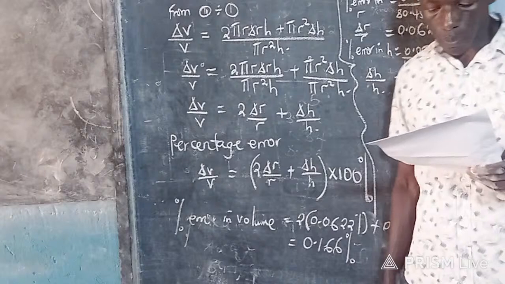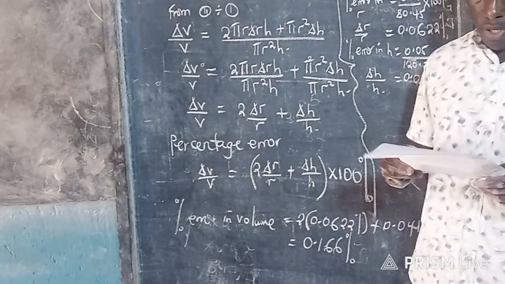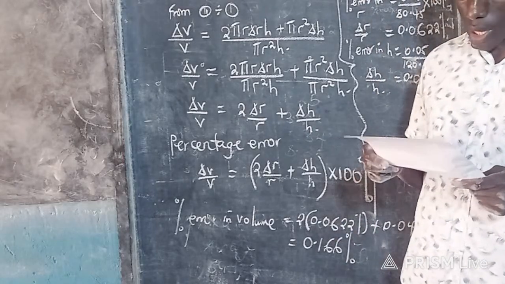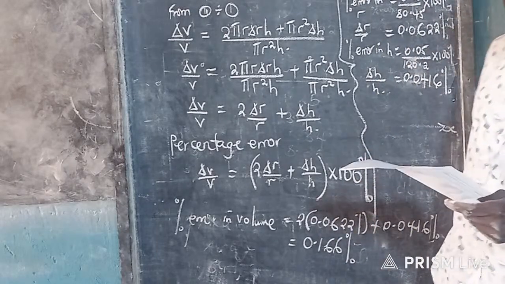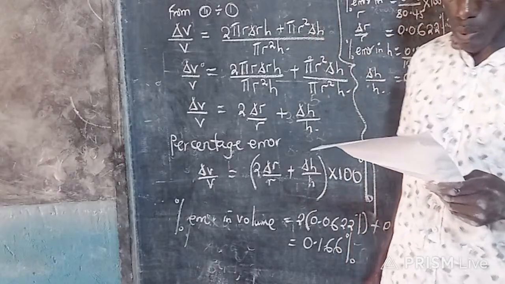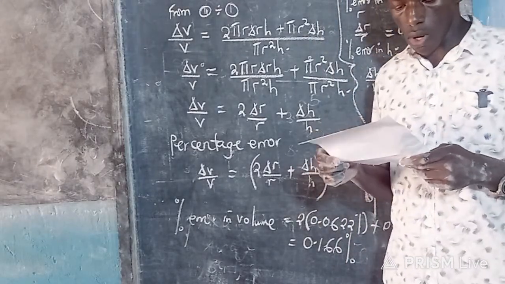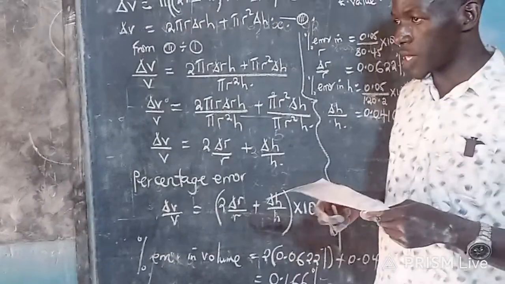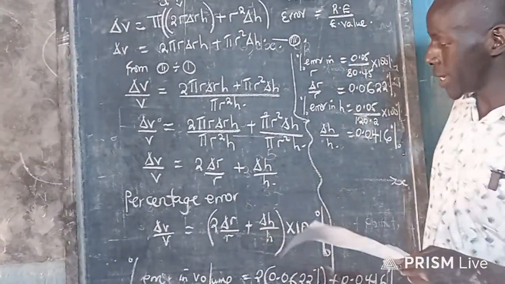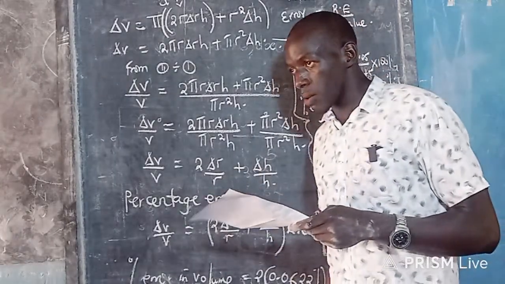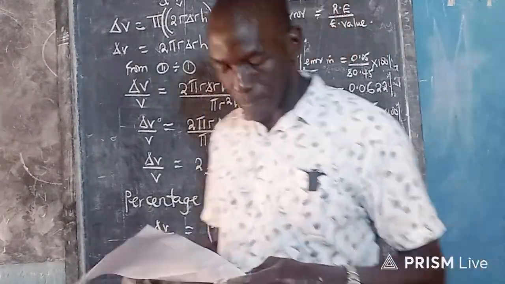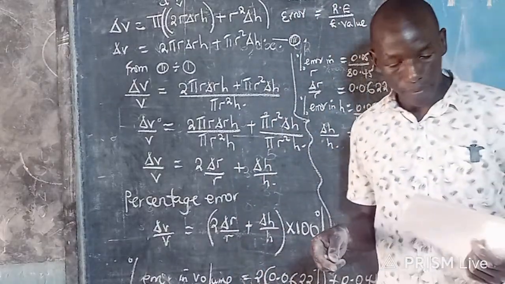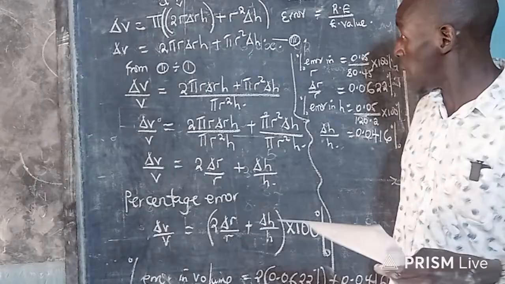The conclusion, I repeat: they will proceed with the purchase of a cylindrical concrete culvert for the drainage system since the percentage error is less than 1.0%. So that was it.